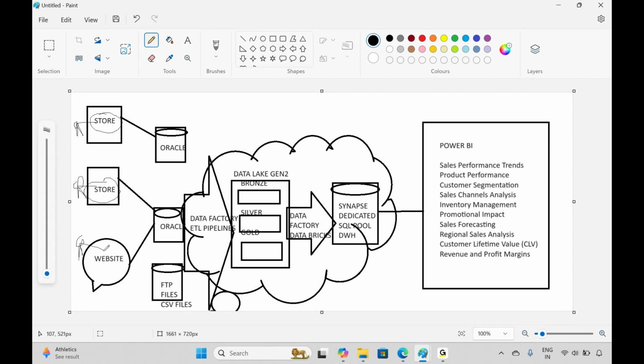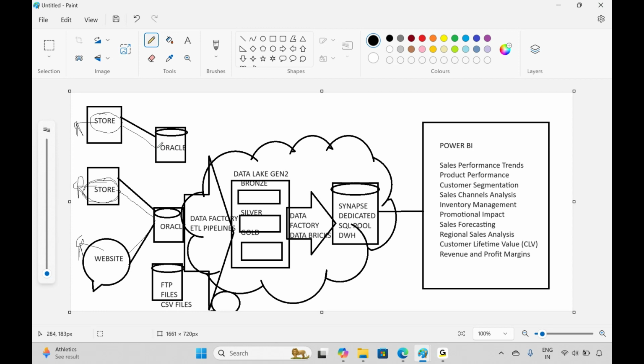Immediately when they buy a product, the transaction information, whichever product they have bought, that data will come and be stored in the backend databases.